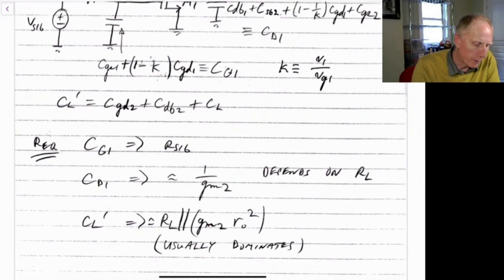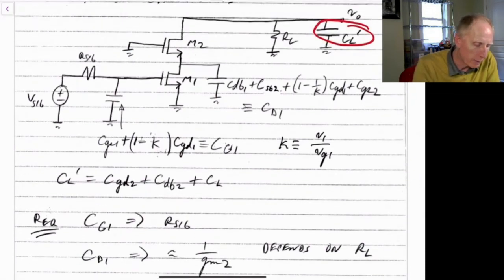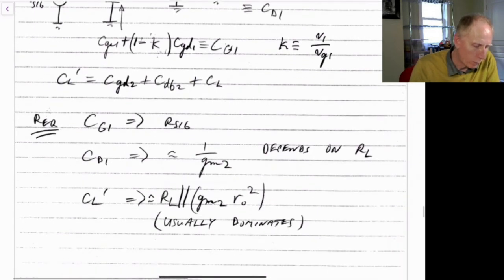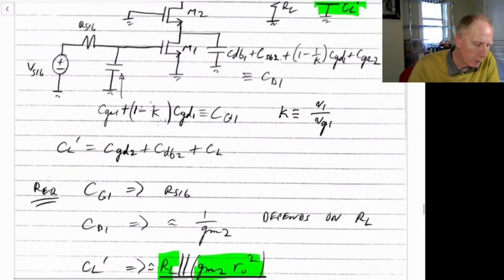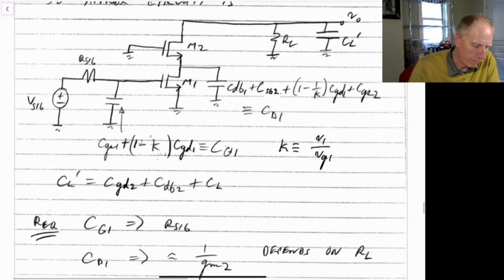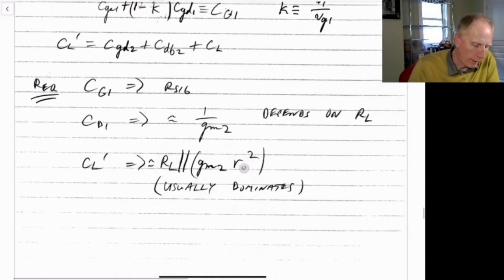So finally, the last one is this capacitance over at the right here, CL prime, and we see that it just looks like the impedance that we see looking to the right here, which will be RL in parallel with GM R0 squared, so in parallel with the impedance that we see looking down through here. And almost always this will dominate.